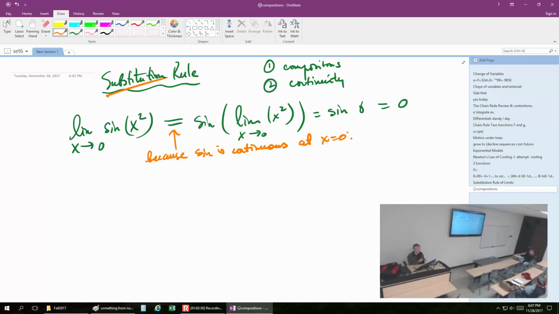You have a stick sticking out of the ground, and the sun leaves a shadow on the ground, and that shadow will be a trig function of what?